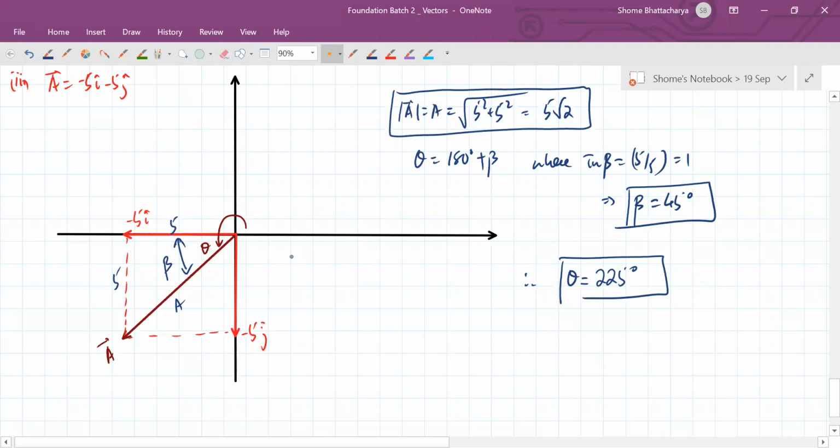This is how you do this question. Nothing much to it, it's very straightforward.